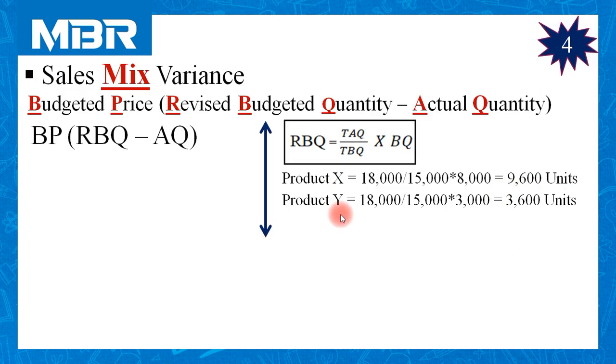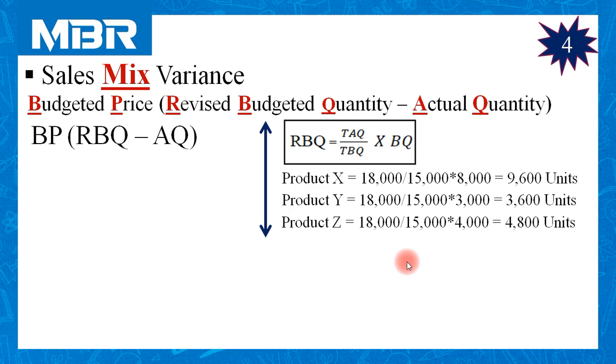Same way, calculate for product Y. 18,000 units TAQ divided by 15,000 units TBQ multiplied by budgeted quantity of Y, 3,000 units. So revised budgeted quantity for product Y is 3,600 units.